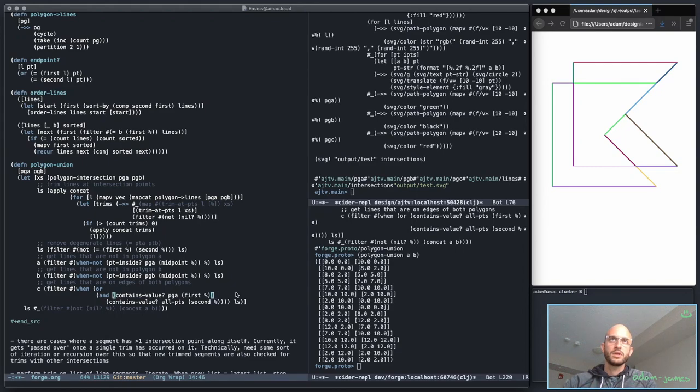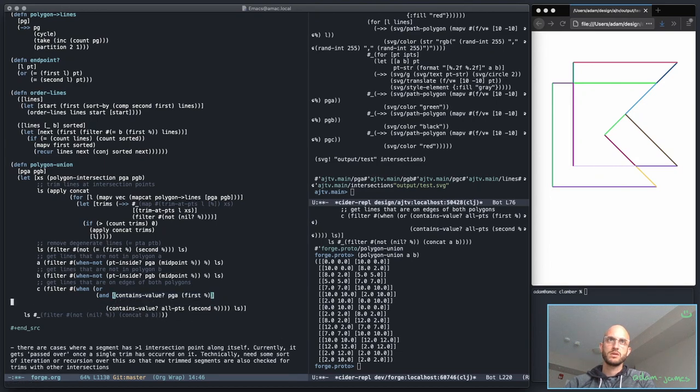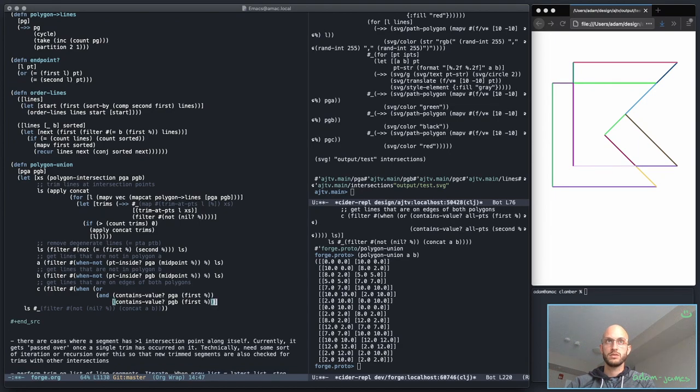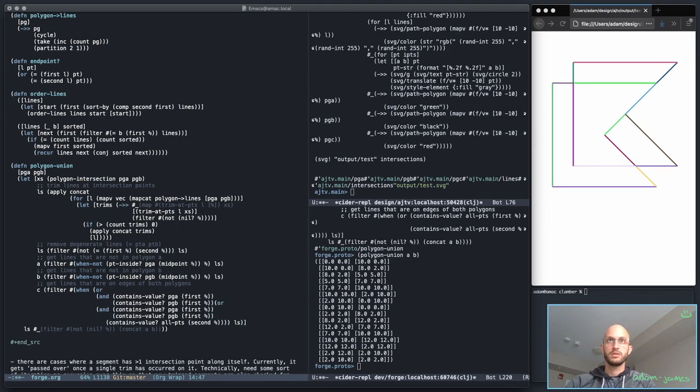So and contains value PGA and PGB, or run that again with the second point.